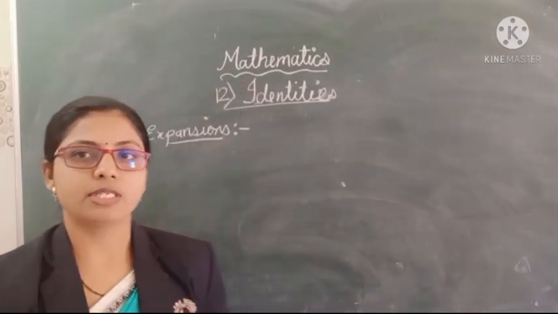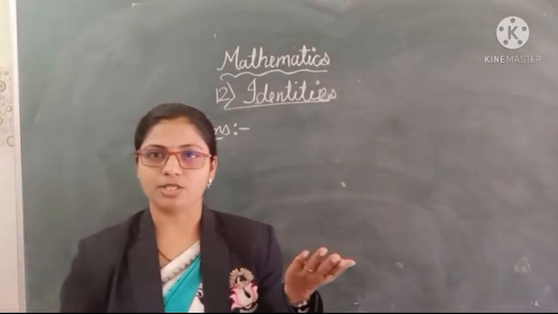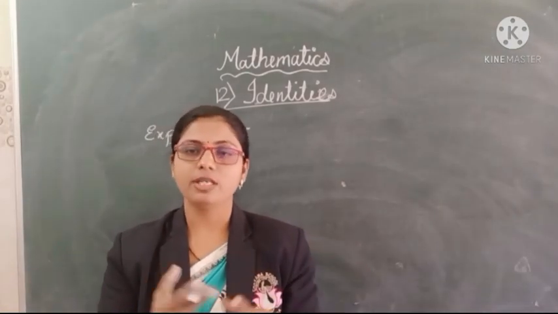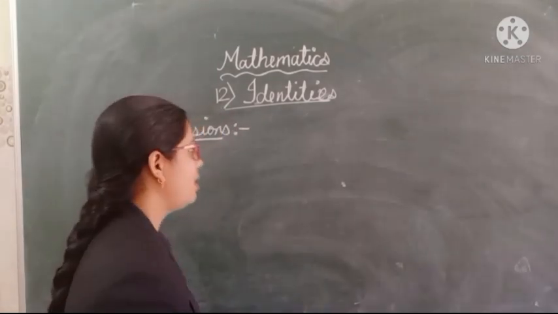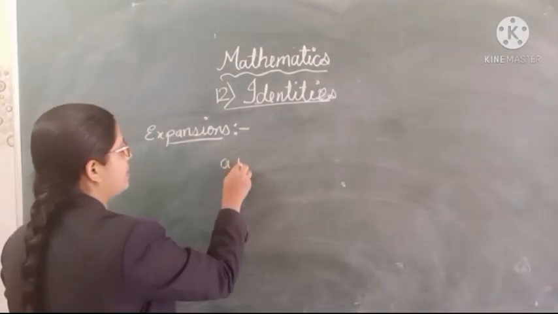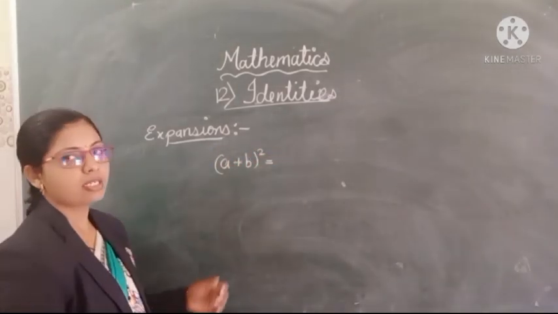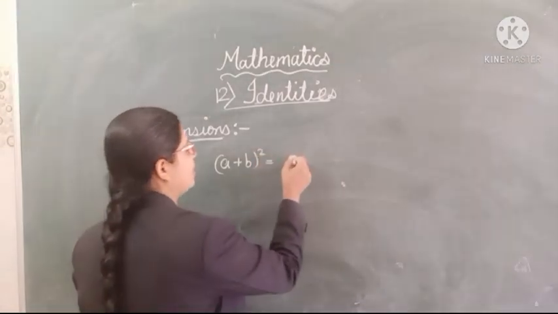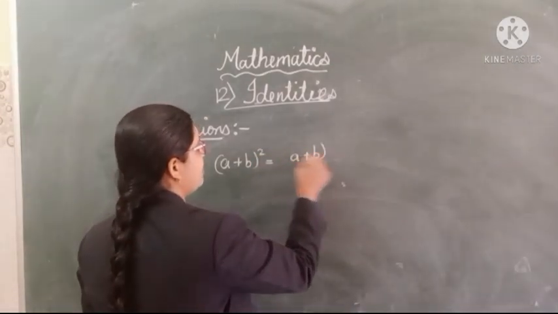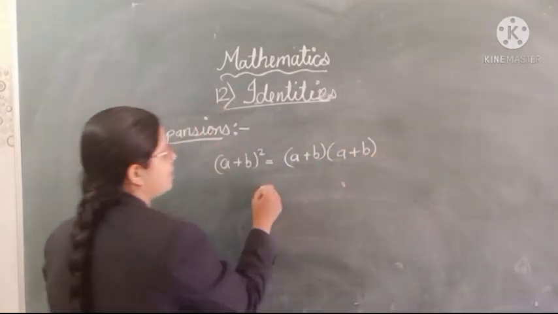Now we are going to see the next topic, that is expansions. What do you understand by expansions? To expand means split up. Okay, so how to expand a binomial? So let us see. If it is asked a plus b bracket square, how will you expand this? It will be split up into 2 because square is there. So a plus b multiplied by a plus b. So how will it be?